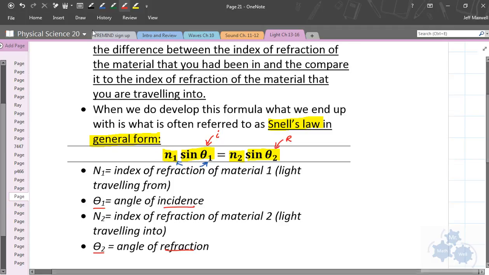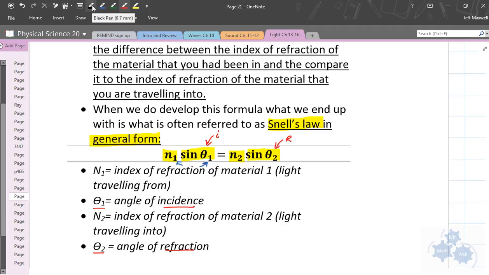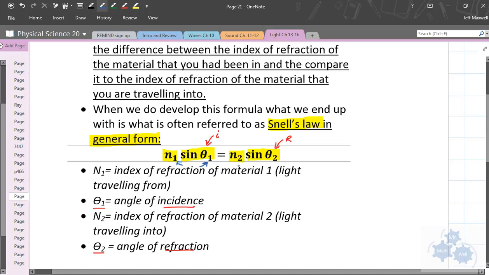All right, so I want to just show you something here. This is very, very similar to the first equation, but let's say that the incident ray was in air. With this equation, this n right here is going to be 1, or technically 1.0003.